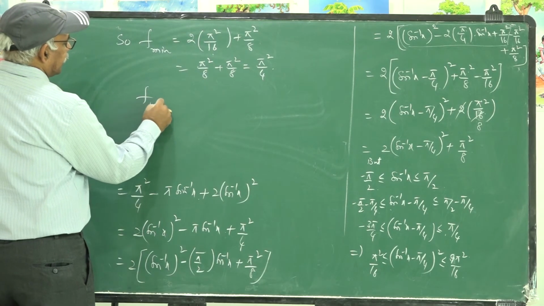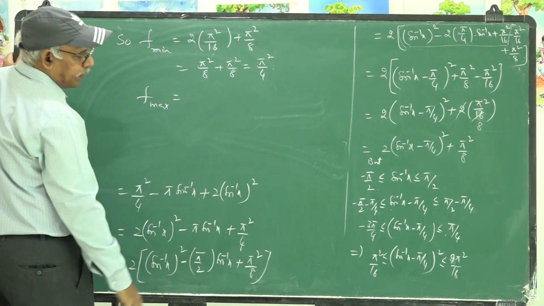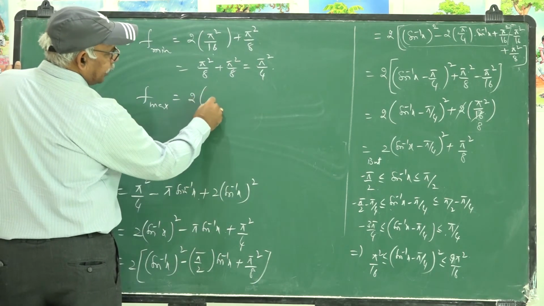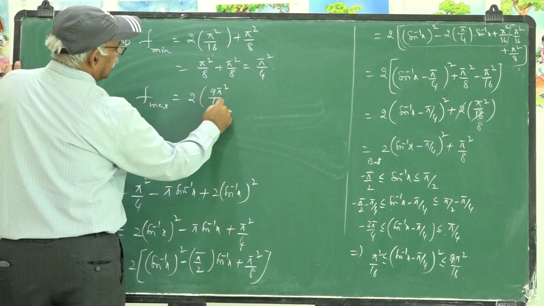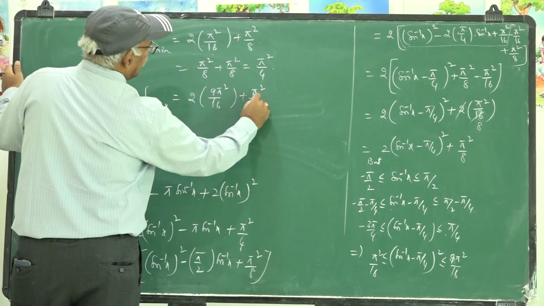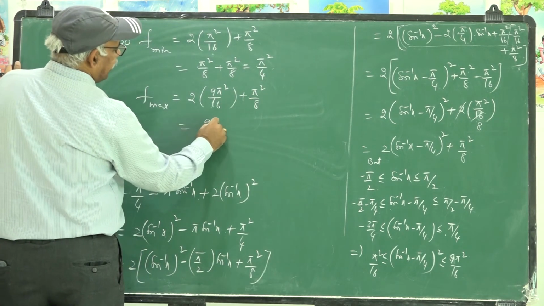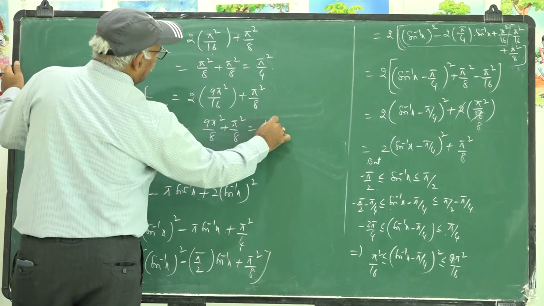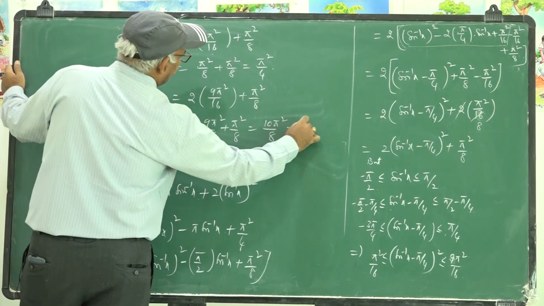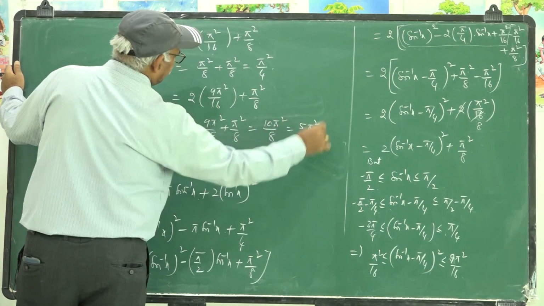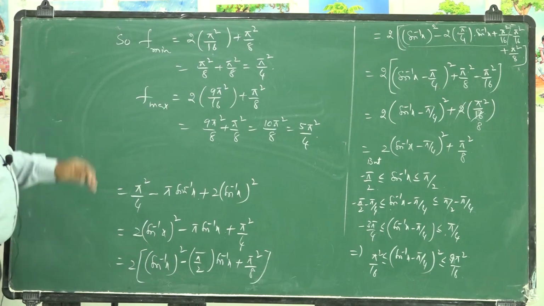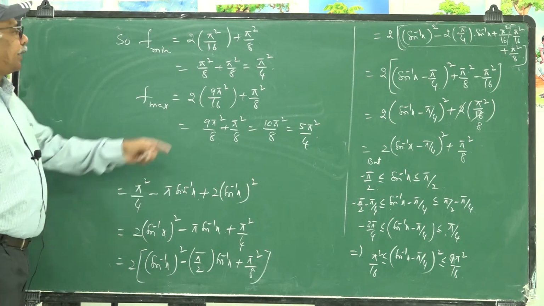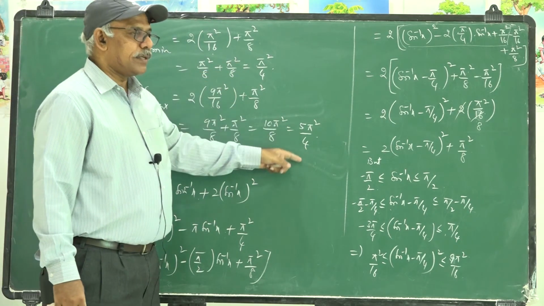Maximum of the function is given by taking maximum value of that function, 2 into 9 pi square by 16 plus pi square by 8, which is 9 pi square by 8 plus pi square by 8, 10 pi square by 8, which is 5 pi square by 4. So, the minimum and maximum value of the function is given by pi square by 4 and 5 pi square by 4.